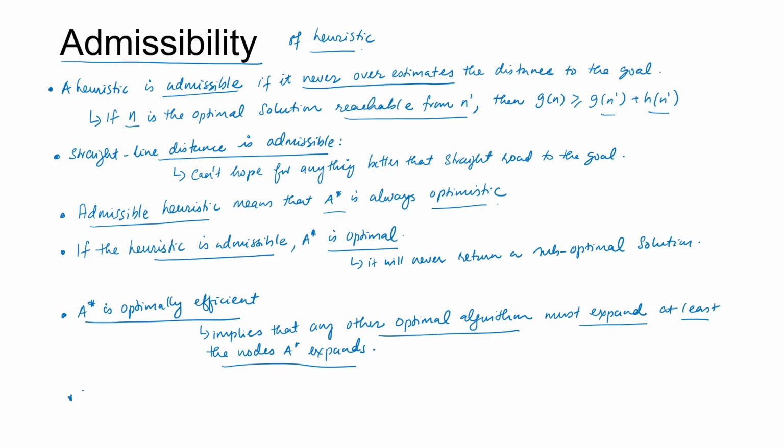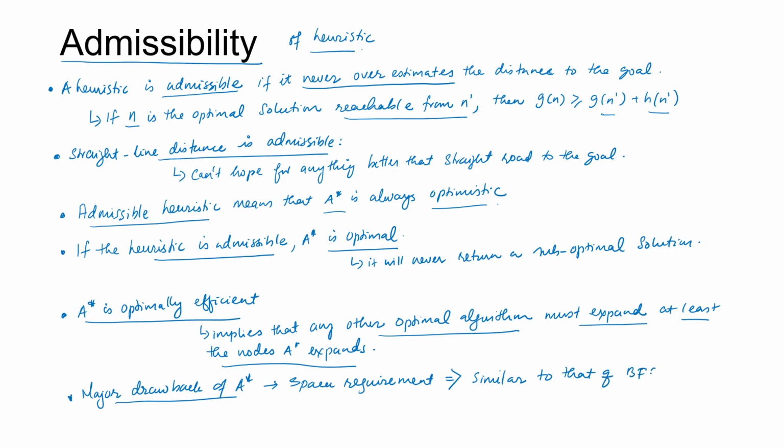The major drawback of A star, what is the major drawback of A star? Space requirement. Okay. What do you mean by space requirement? Similar to that of BFS, breadth first search.